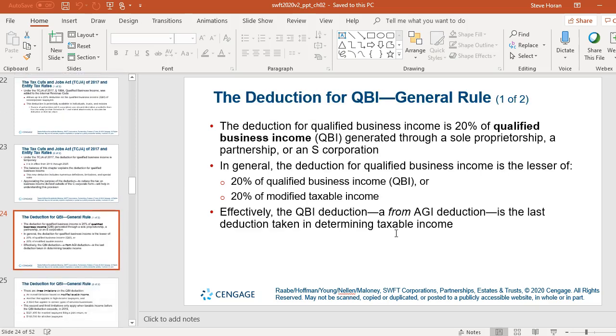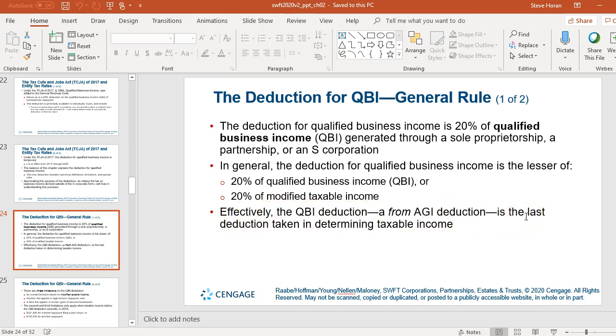So the general rule, and of course there are always exceptions: the deduction from the QBI is 20% of qualified business income. The word qualified means it has to fit the definition of business income generated through a sole proprietorship, partnership, or S-corp. In general, it's the lesser of 20% of the QBI or 20% of the modified taxable income. QBI is a deduction from your AGI.